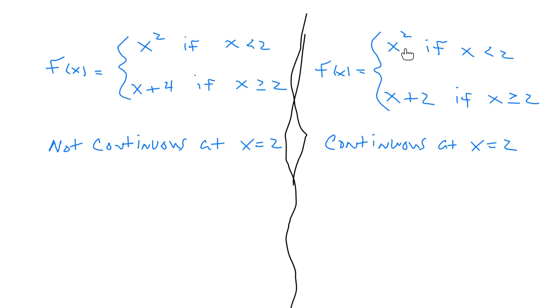I don't know what it is, but I bet it's about 4, because 2 squared is 4. Does that seem reasonable? Yeah. Okay. So this is going to put you near 4. As you go towards 2, this is going to put you close to 4. Is that safe to say?